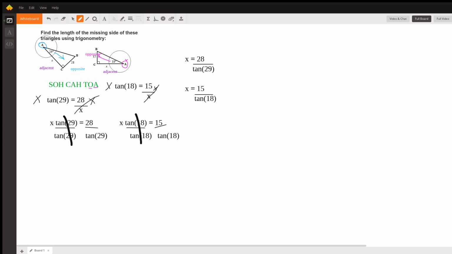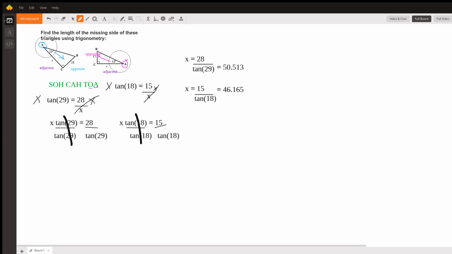So if I say 28 divided by the tangent of 29, I get that this equals 50.513. I don't know how far your teacher wants you to expand it. But for this one, when I plug in 15 and divide it by the tangent of 18, I get that this one is 46.165.